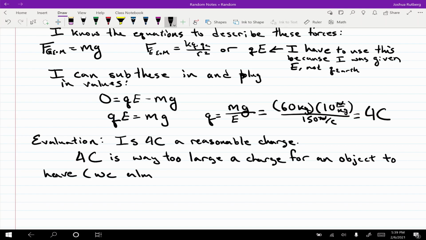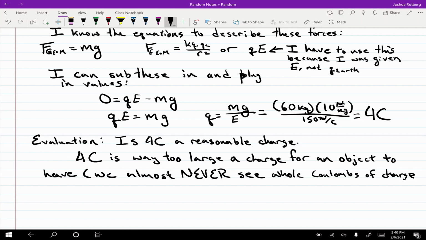We almost never see whole coulombs of charge outside of an experiment, outside of something that we've done purposely to create a tremendous amount of charge, outside of experimental conditions.